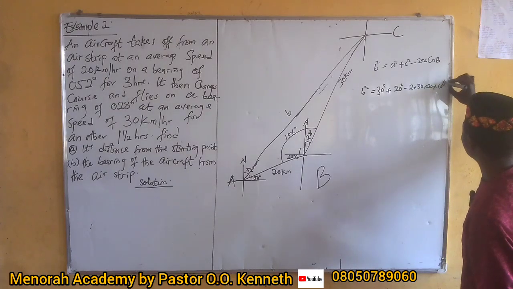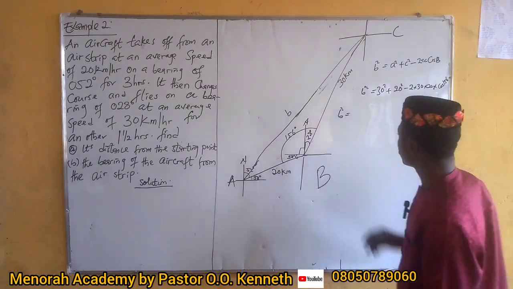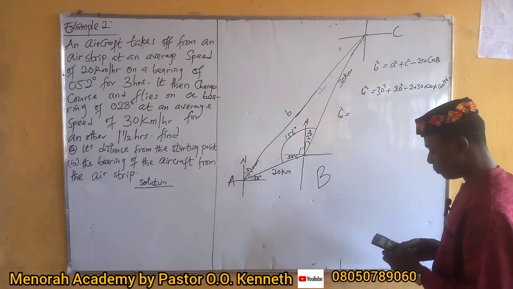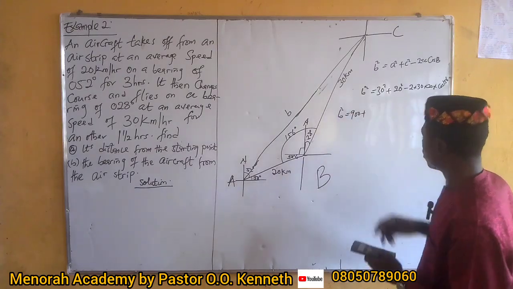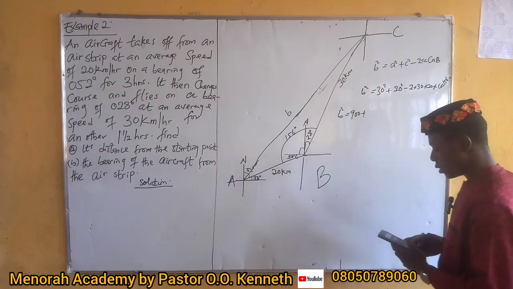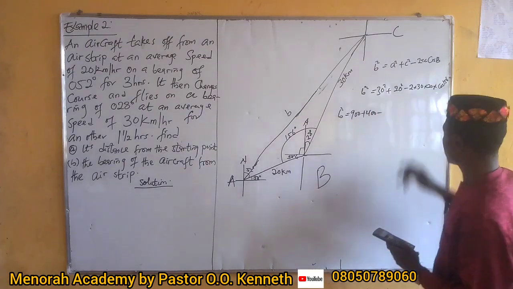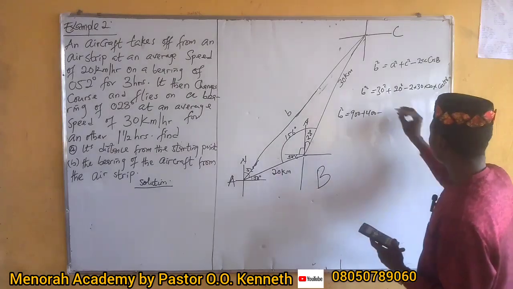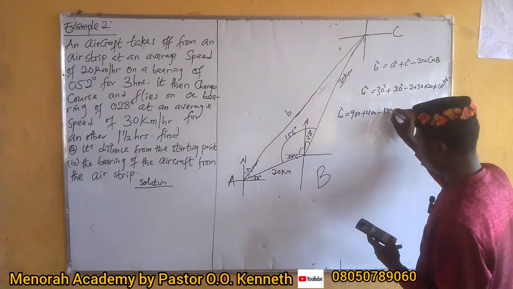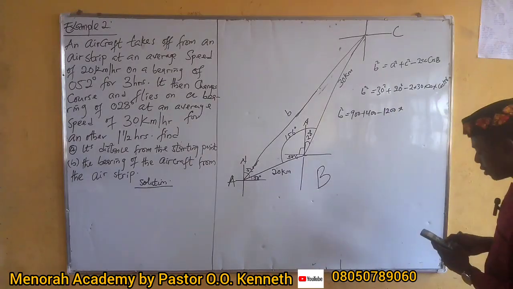So b squared equals 30 squared, which is 900, plus 20 squared, which is 400, minus 2 times 30 times 20, which is 1200, times cos 156.